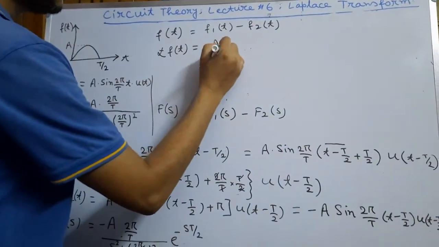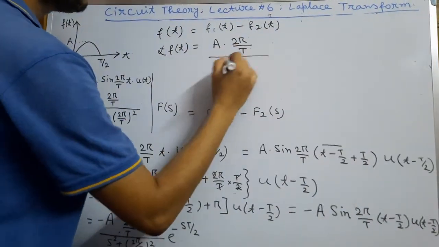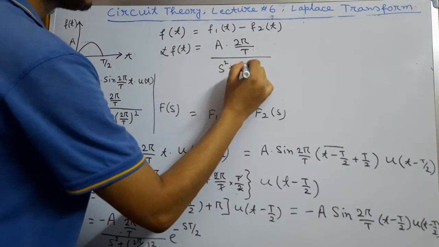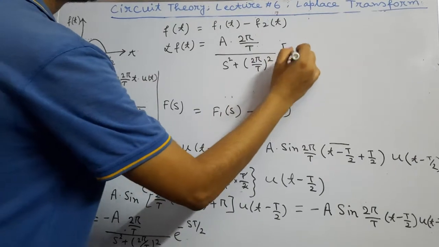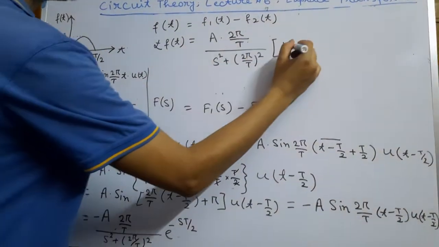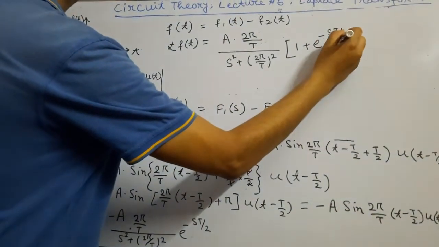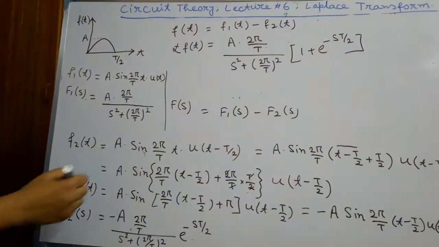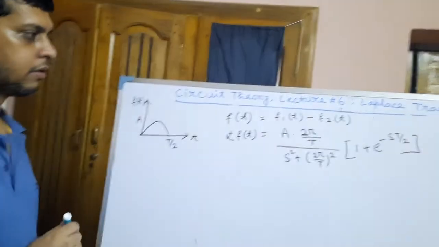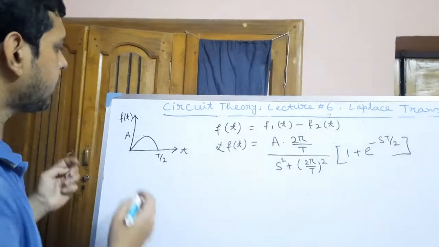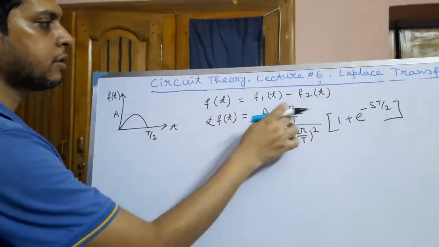So this is A(2π/T) / [s² + (2π/T)²], the whole thing multiplied by (1 + e^(−sT/2)). Hence we have seen that the Laplace transform of this function is this one.